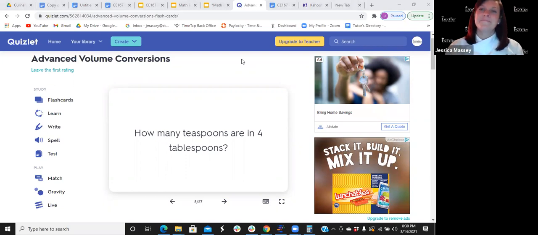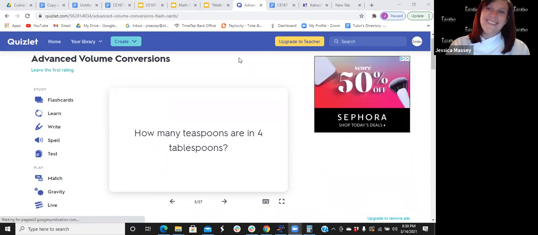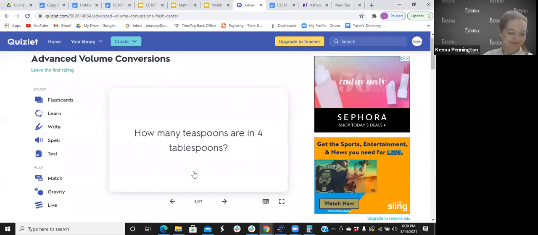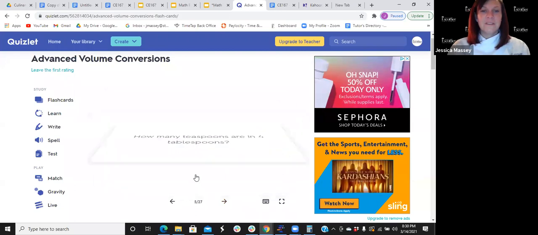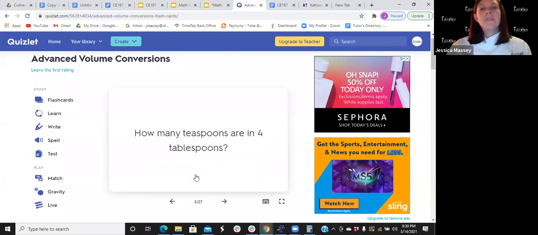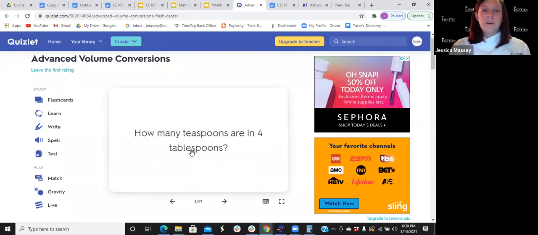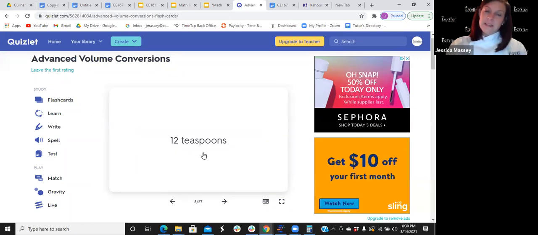I'm going to wait and make sure everyone gets there. Nice job, everyone. Got your 12. For those curious how we got there, you know there are 3 teaspoons in 1 tablespoon. You take your 4 times your 3, and that gives you 12.